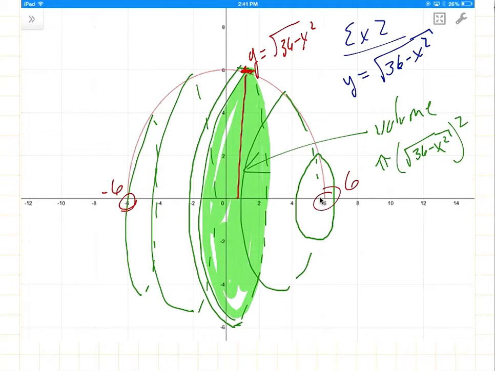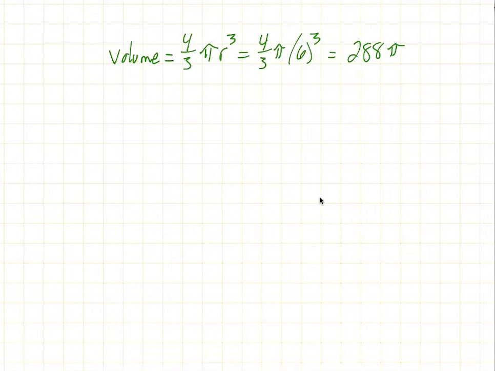Right? So now going to the calculus of it and writing this out. We're going to end up with the integral starting at -6 out to +6 of each one of those disks. Well, the area of each one of those disks is going to be pi times the square root of 36 minus x squared, all of that squared.